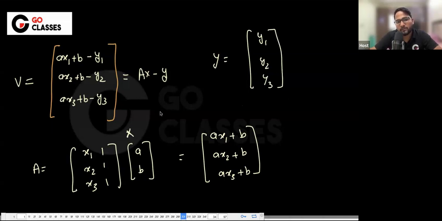So basically what I'm saying is that this vector is ax minus y, where a is the data like this, x is just your coefficients that you are interested to find out. These are our parameters or coefficients, a and b, right? We want to find a and b.